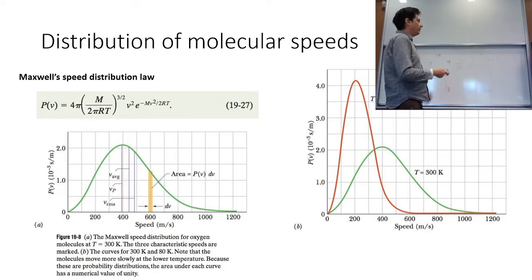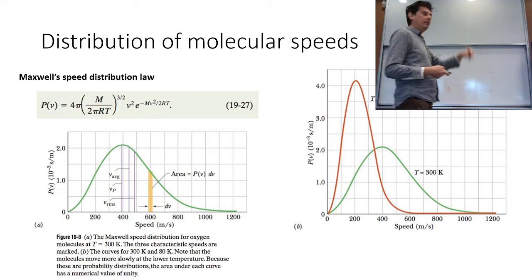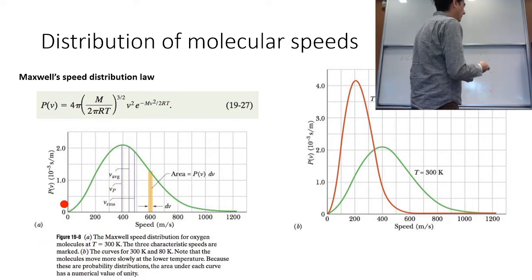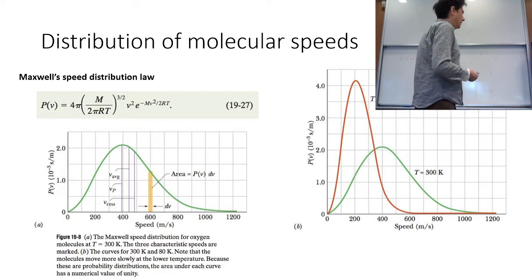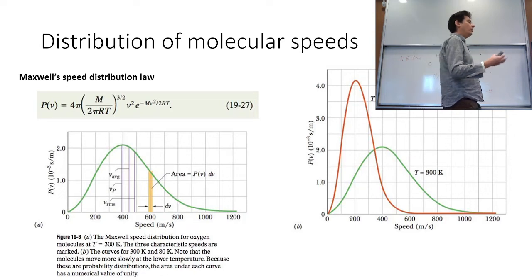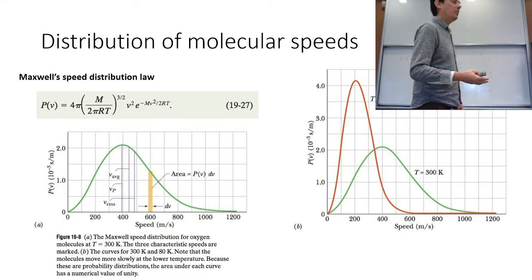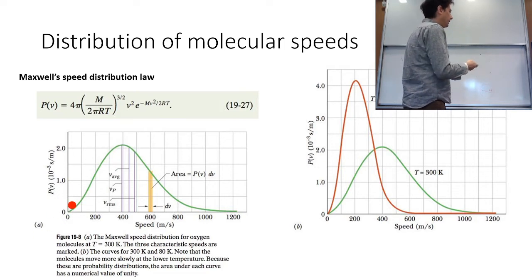And the graph of this looks something like this. At zero velocity, that means the atom is completely not moving. The probability of that happening is basically zero. So at any non-zero temperature, the atoms will always be moving with some velocity. It's basically impossible that they're completely stationary. Then it reaches some peak, and it goes down again.